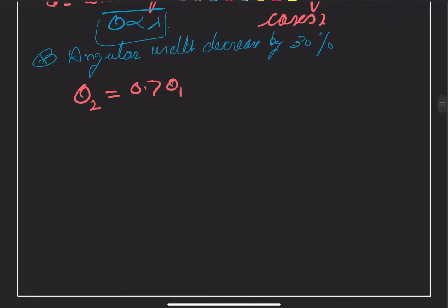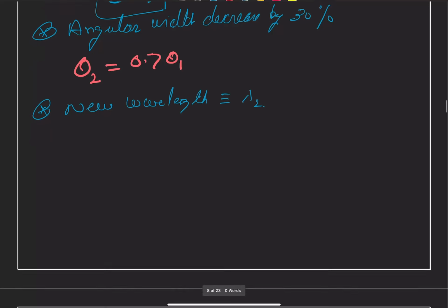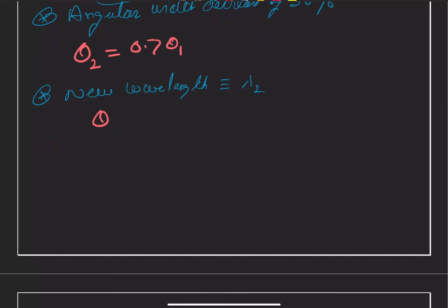And we can say that new wavelength, let us suppose that is our lambda 2. So we can write the formula theta 2 upon theta 1 is equal to lambda 2 upon lambda 1.